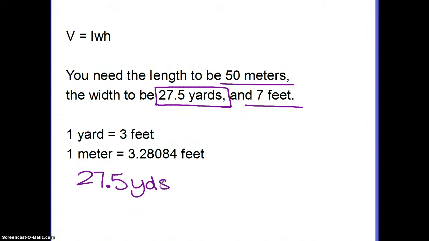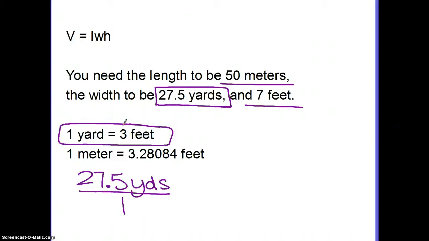If you have 27.5 yards, I can always put any number over 1, because 27.5 over 1 is still 27.5. And then we know we want yards to feet, so we're going to use this because it has yards and feet in it. I also know that I need yards to go away and to be left with feet in the final number.